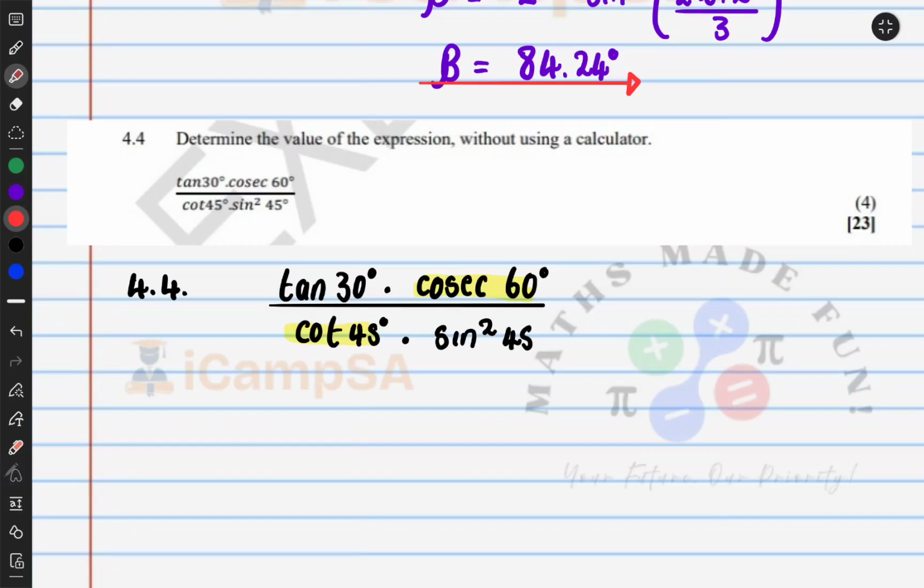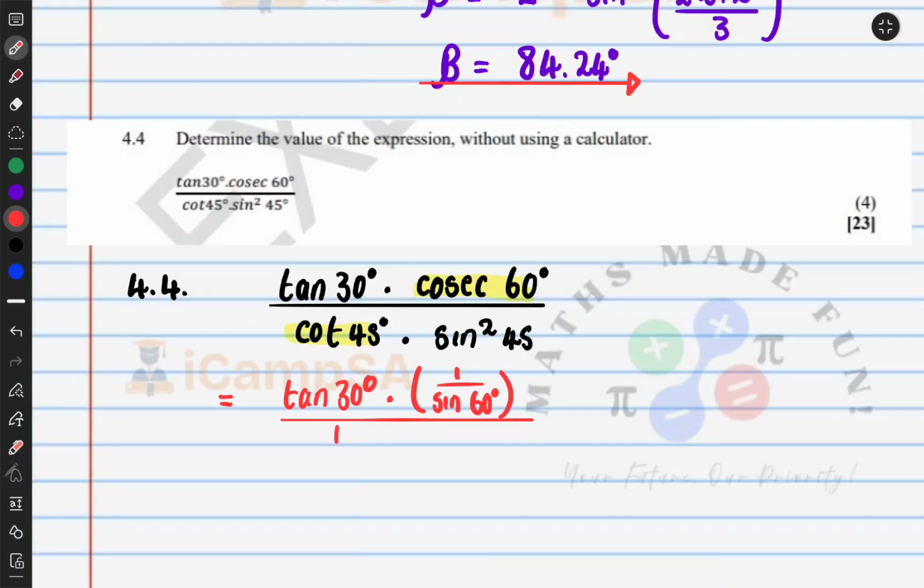So this expression is equal to tan 30 degrees multiplied by 1 over sine 60 degrees, all over, what is cot?